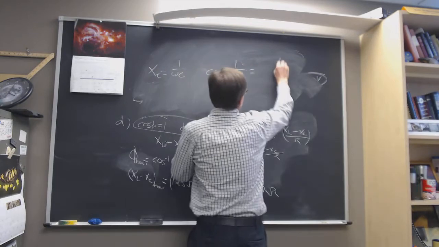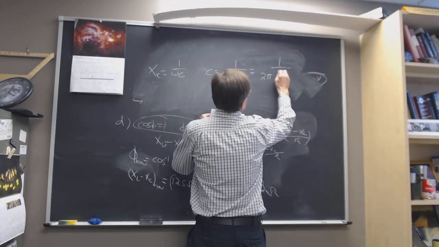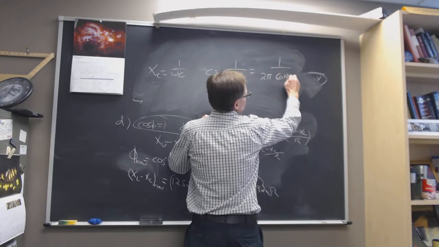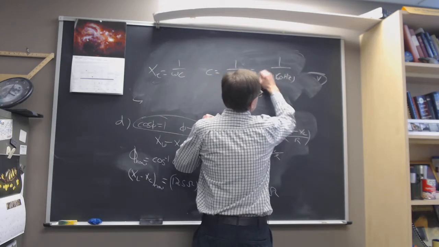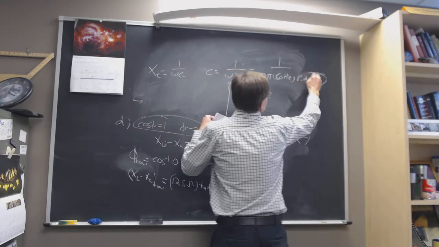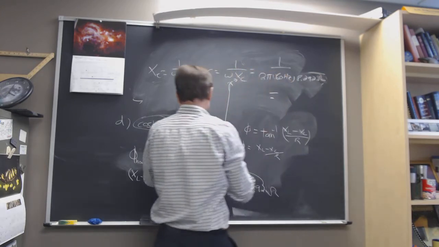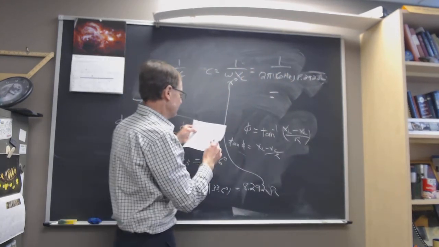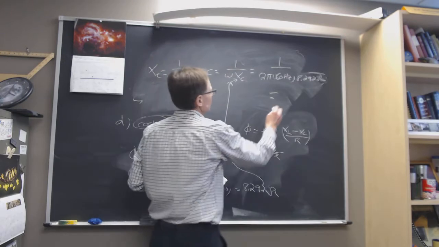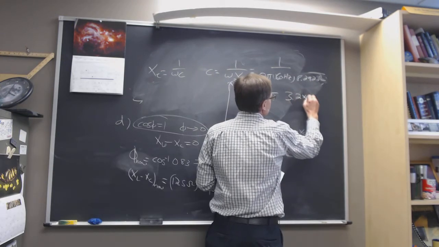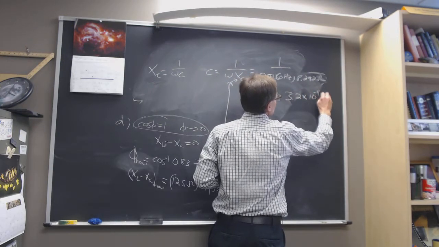So this has got to be 1 over 2 pi times 60 hertz, which is our omega, times 8.292 ohms. And when I stuck that in, I got 3.2 times 10 to the minus 4 farads.